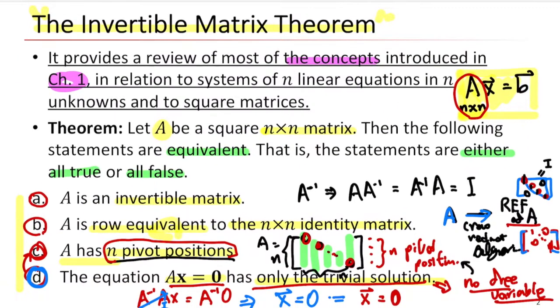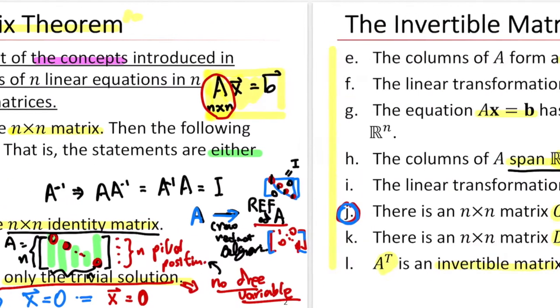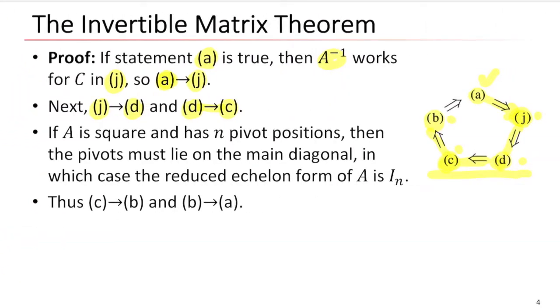This is the identity matrix. So if A has n pivot positions, then A can be row reduced to the n by n identity matrix. So this statement is true.